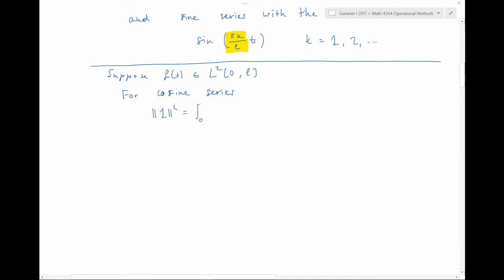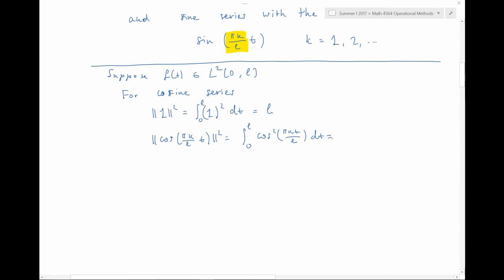So this is going to be the integral from 0 to L of 1 squared dt, which integrates to just L. And the norm squared of cosine pi k over L t is going to be the integral from 0 to L of cosine squared pi k t over L dt.